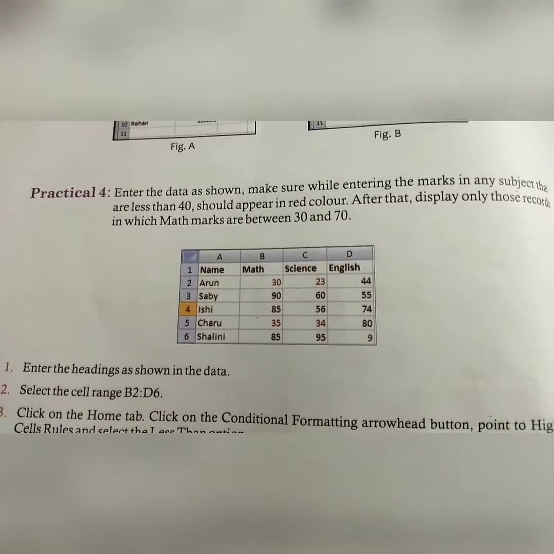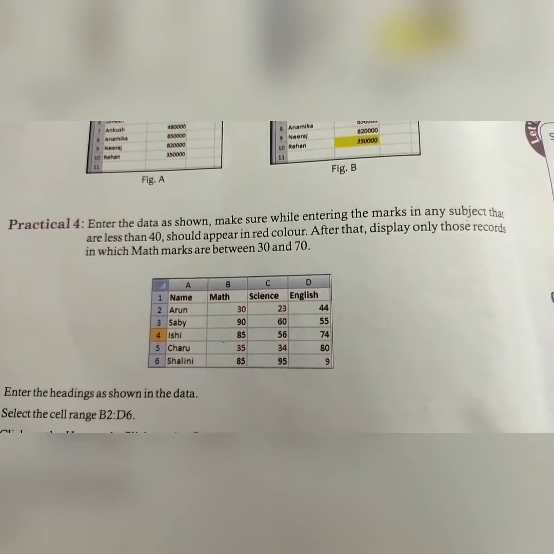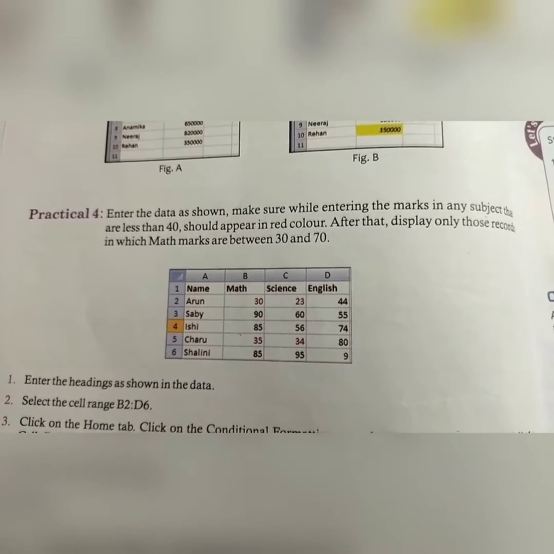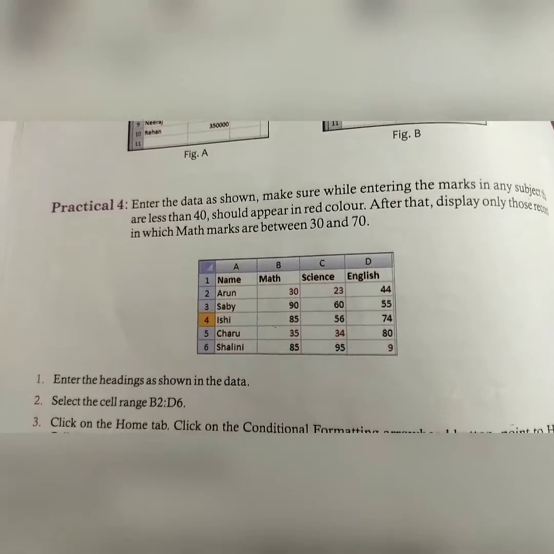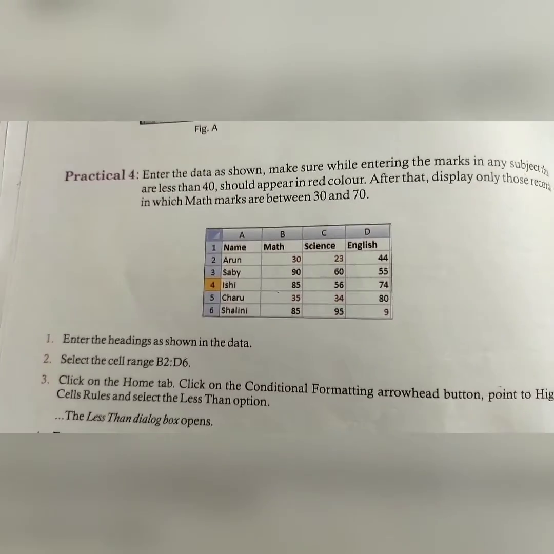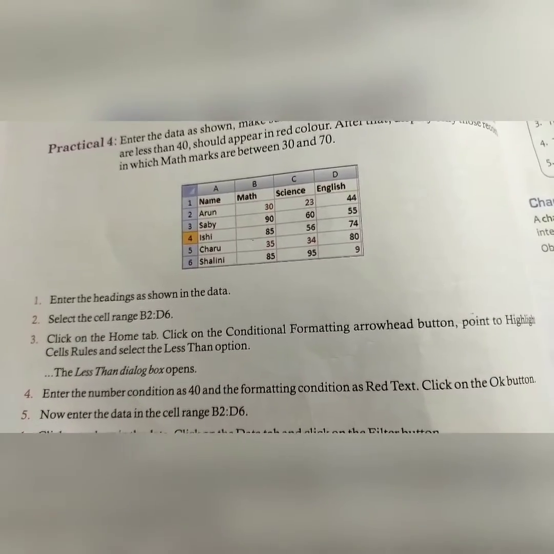The last practical is your practical 4. Enter the data shown. Make sure that the marks in a subject that are less than 40 appear in red color. After that, display only those records in which math marks are between 30 and 70. First of all, enter the headings as shown in the data. Then select cell range B2 colon D6.